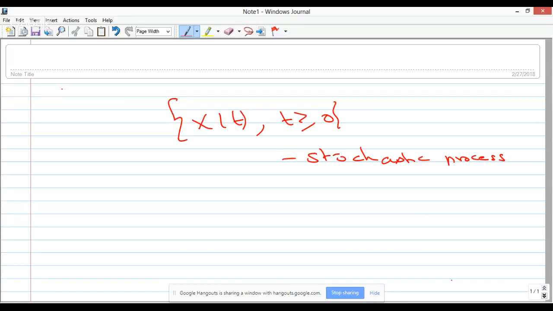In this case, for this stochastic process X of t, I made the parameter space t greater than or equal to 0. The parameter space could be discrete or continuous. I can classify the stochastic process as a Markov process whenever it satisfies the Markov property. Any stochastic process satisfying the Markov property is called a Markov process.